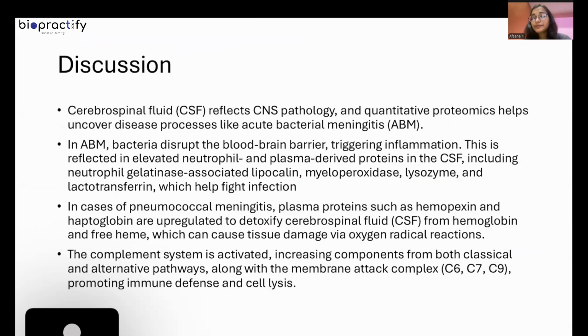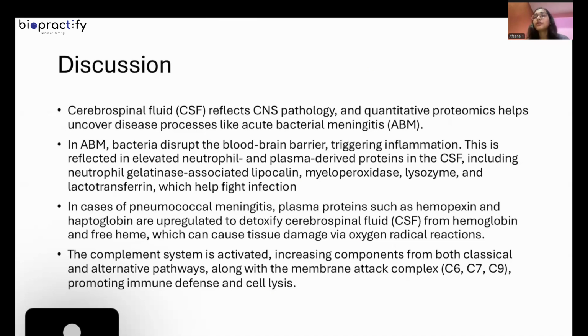Let's discuss the pathophysiology and how Streptococcus pneumoniae infects. The cerebrospinal fluid reflects the central nervous system's pathology, and quantitative proteomics helps to uncover different diseases like acute bacterial meningitis. In acute bacterial meningitis, bacteria disrupt the blood-brain barrier and enter the cerebrospinal fluid.